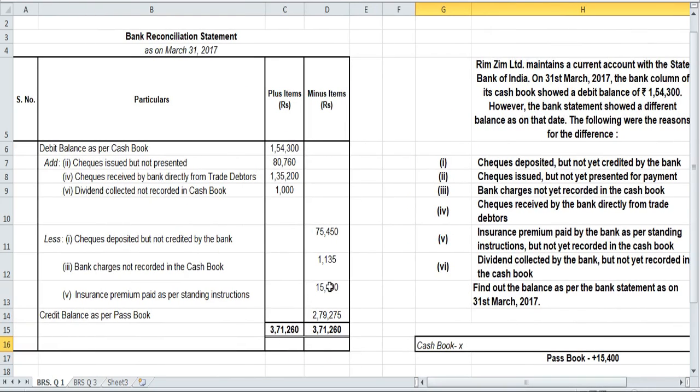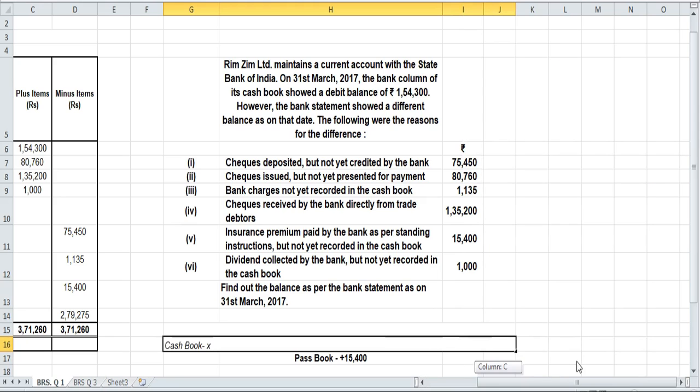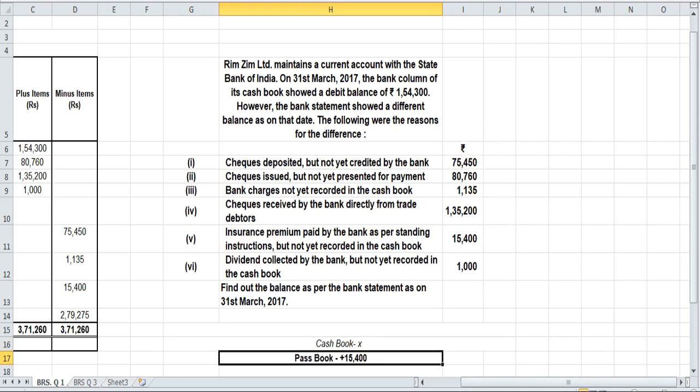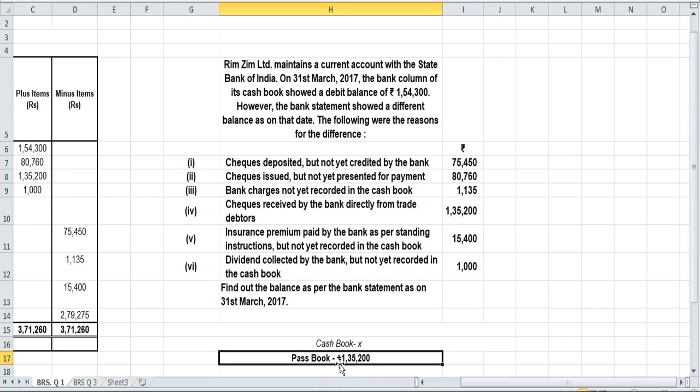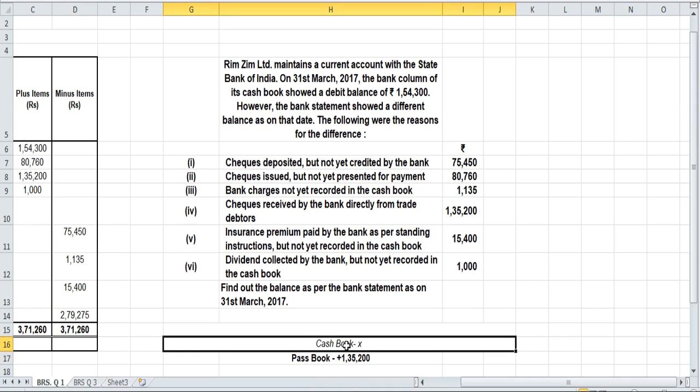So here, what is happening here? Okay, I wrote it wrong over here. 1,35,200. 1,35,200. So here the passbook is deposited.